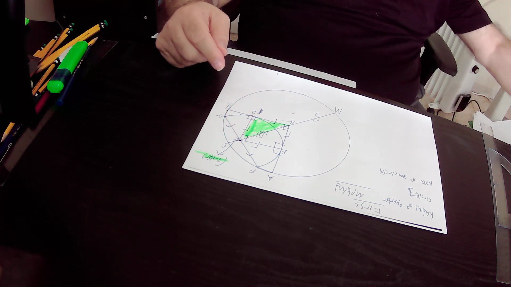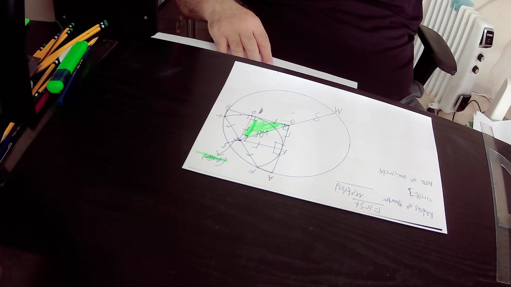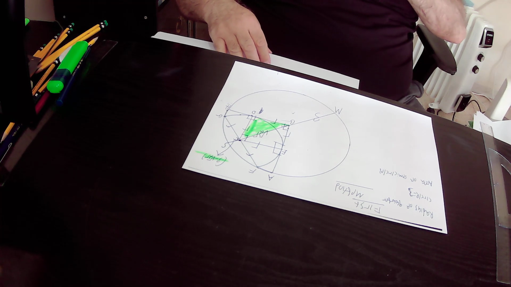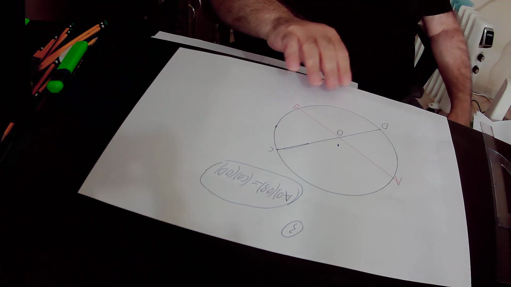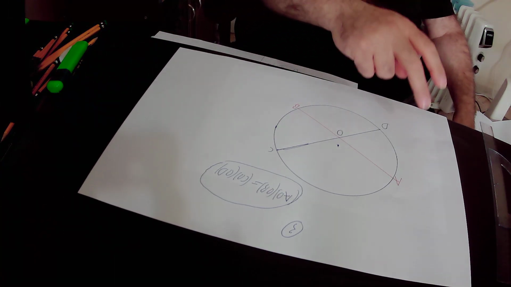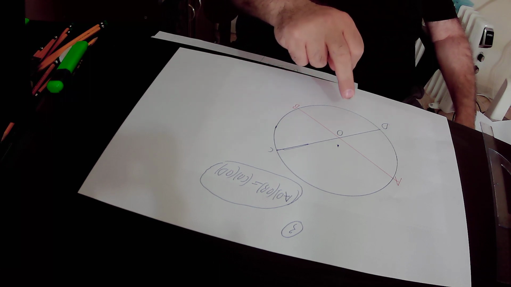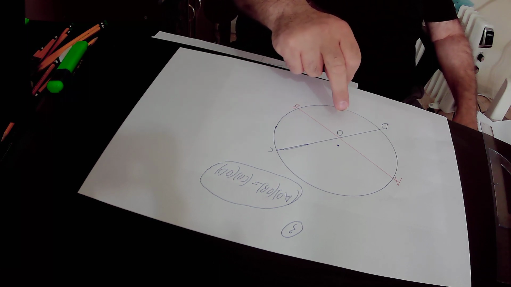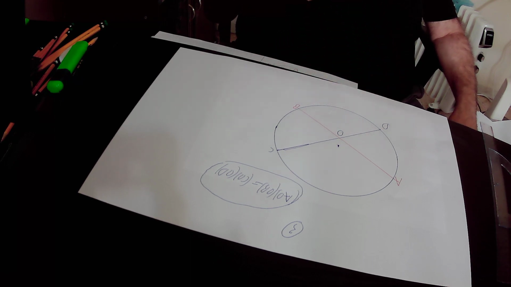Okay, and then I presented to you a new rule that relates to two chords that intersect with each other inside a circle. Here we have two chords, chord AB and chord DC, intersecting each other at point O. Point O is the point of intersection between those two chords.